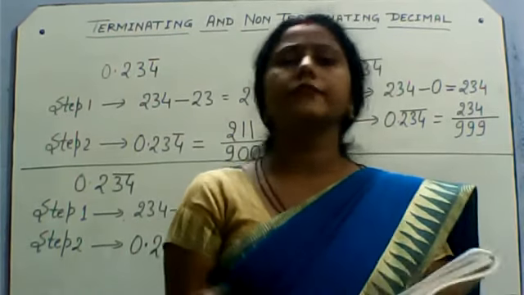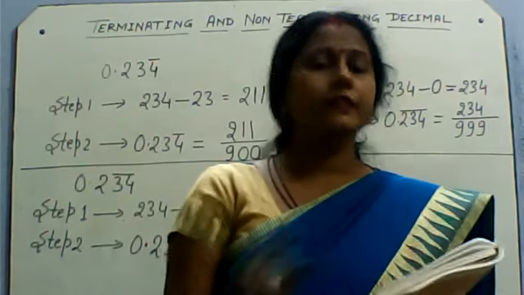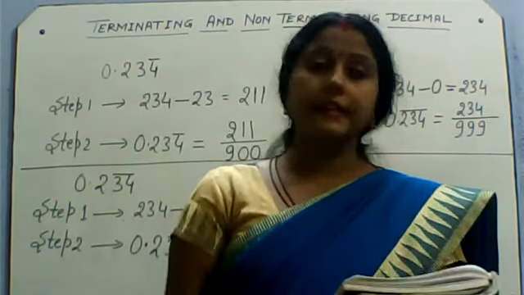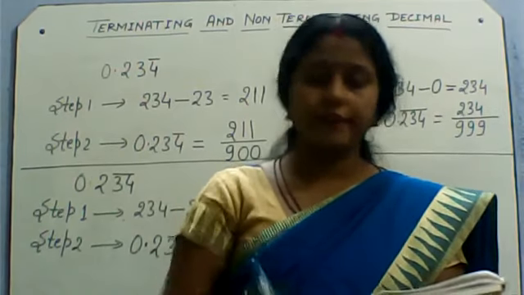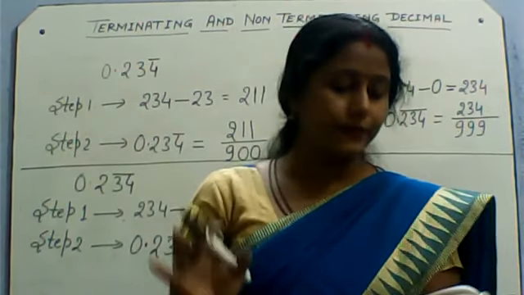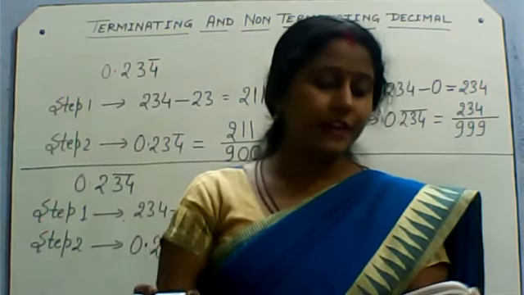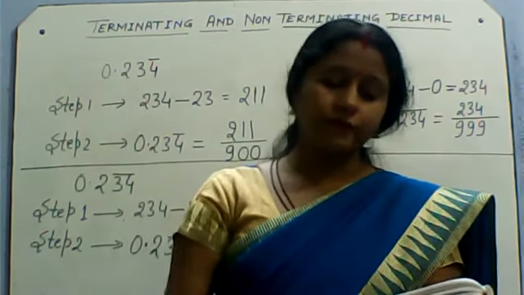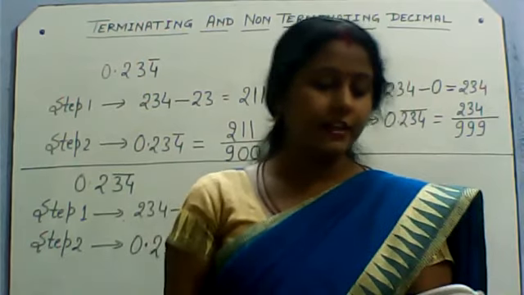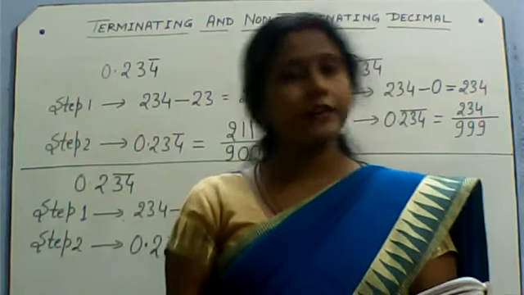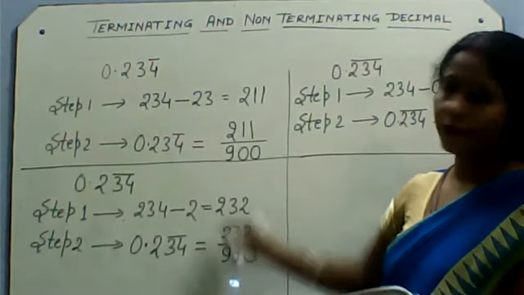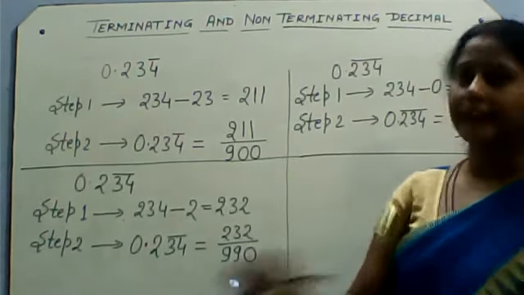And if it cancels, then it is terminating. Second, express as a recurring decimal. So you have to divide only and get the recurring decimal. Convert into vulgar fraction. Third question and fourth question also you have to convert into vulgar fraction, and fifth question also convert into vulgar fraction. So you have to use these 2 steps and get the answers.